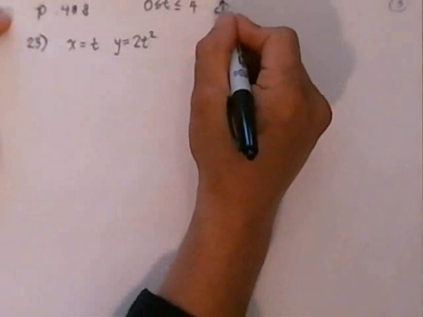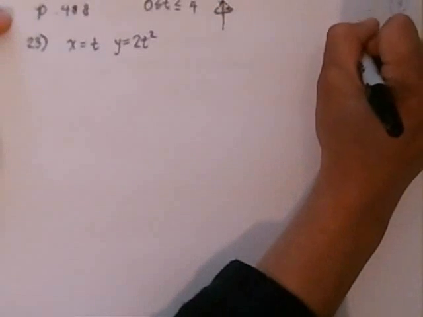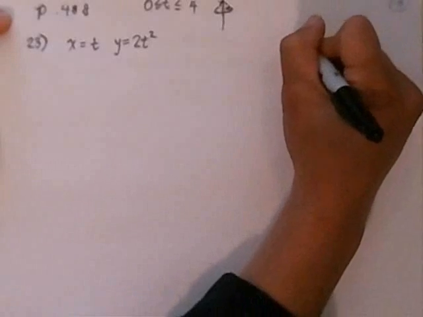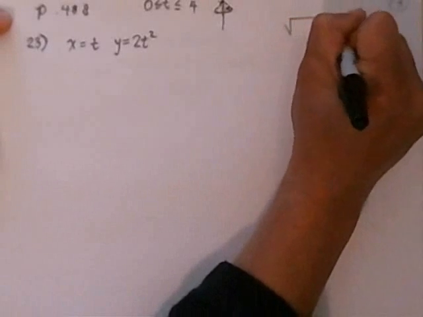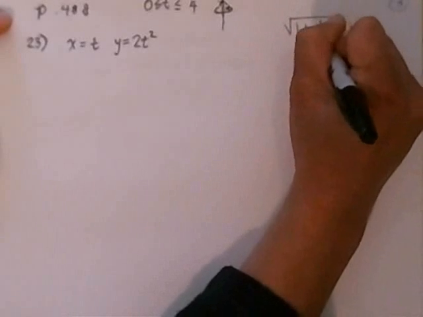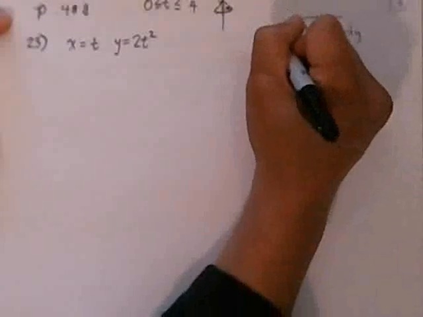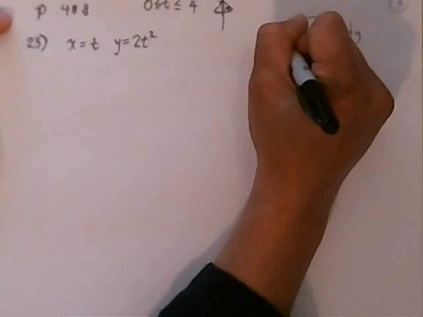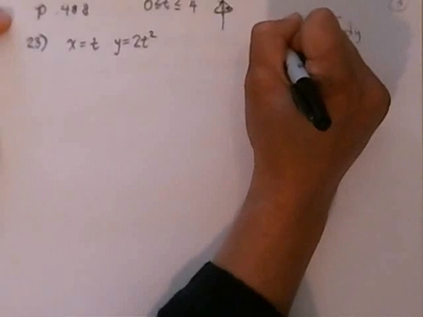Since we're revolving around the y-axis this time, it's going to be dy on the back, the square root of 1 plus dx/dy squared instead of dy/dx squared, times, instead of the radius, it's going to be your x.